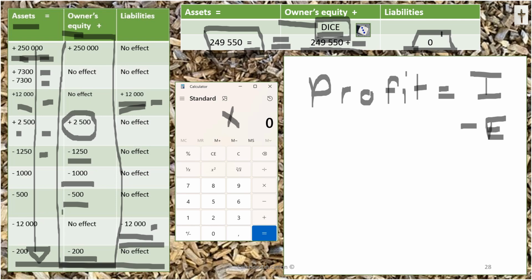This year the 500 was drawings, which affects owner's equity.